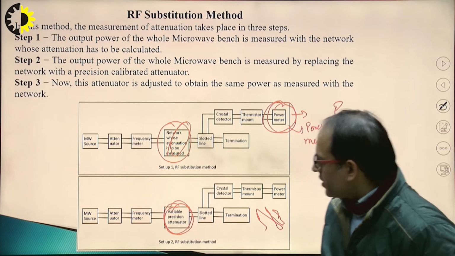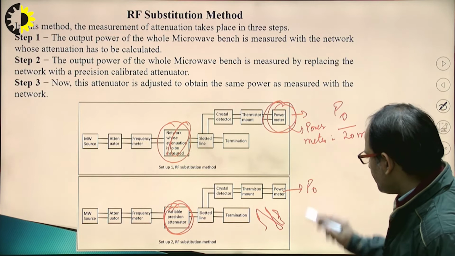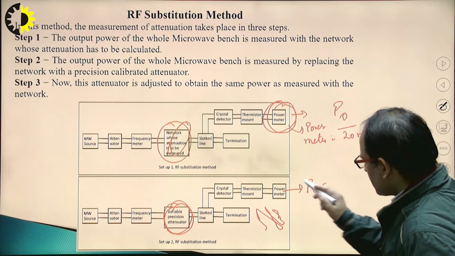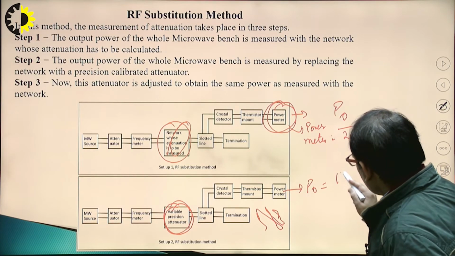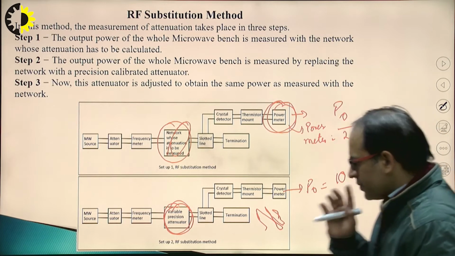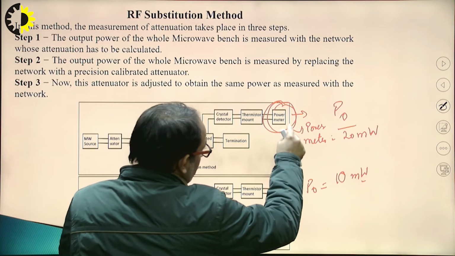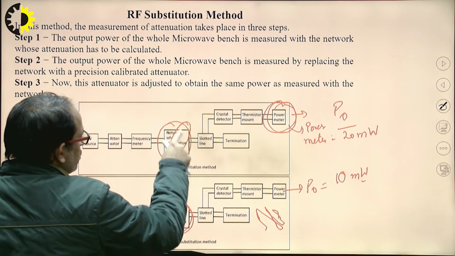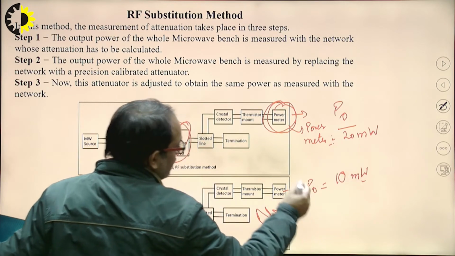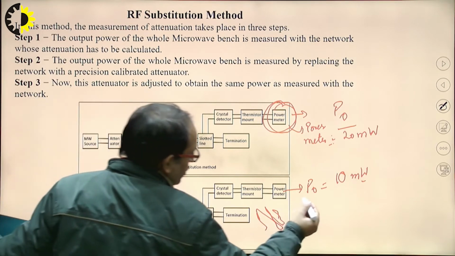So then I will replace this device under test with the variable precision attenuator. And let's say the output of the power meter at this device is 10 milliwatt. So here, to obtain the same power: when the device which is to be measured is used, the power meter reads 20 milliwatt, and when the device is the standard, here with the variable attenuator, P0 is 10 milliwatt.